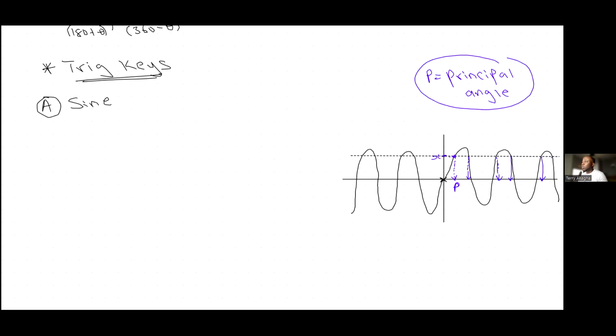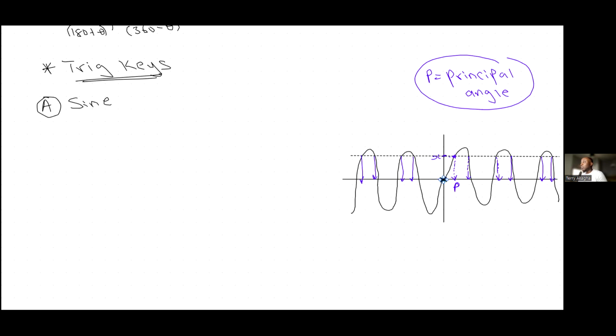All these are solutions, all the possible solutions you can get for this particular angle X. Now, similarly, this can also happen if you have a negative value. So let's assume X was negative.